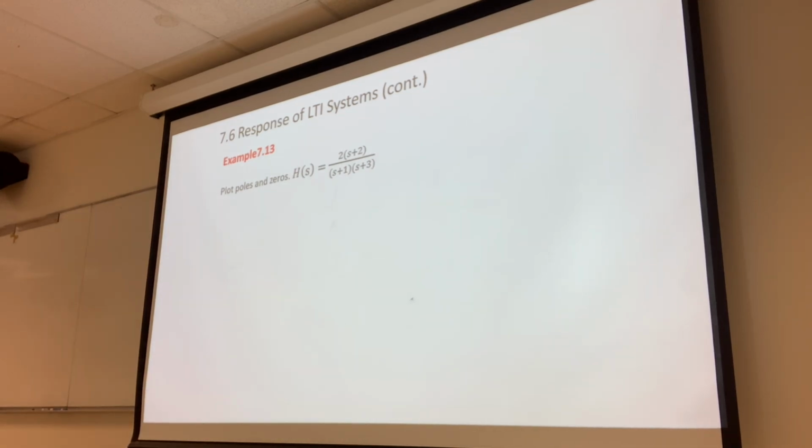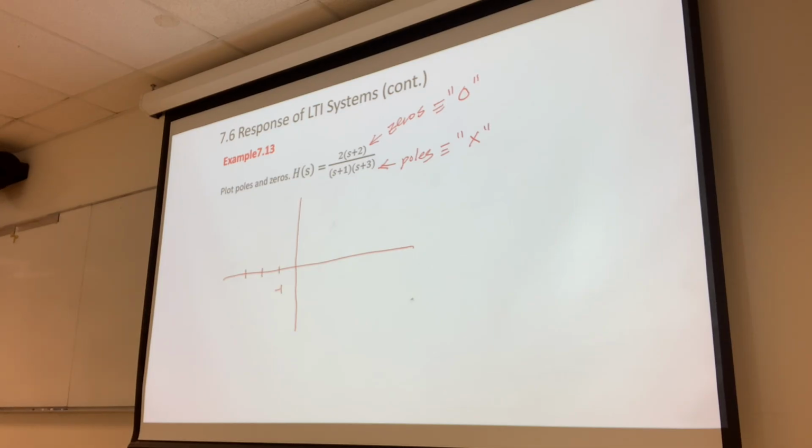Your H of s, the impulse response, is given as 2 times (s plus 2) over (s plus 1) times (s plus 3). If you plot these, the numerator gives zeros and the denominator gives poles. For zeros, we use the symbol of an empty circle, and we use x for poles.